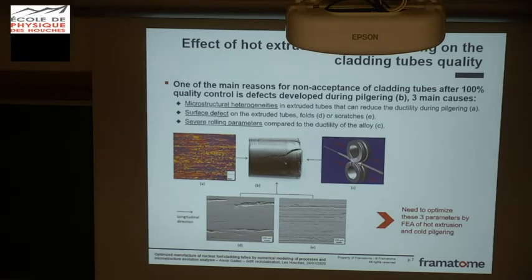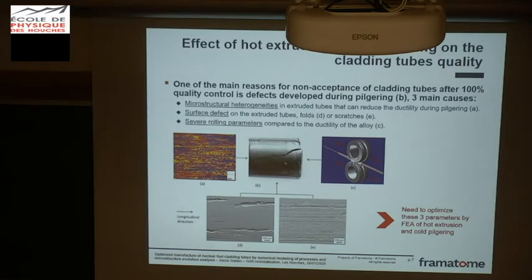So I come to the center of my presentation. I will give you an example of this kind of defect that we can sometimes have in manufacturing. This can happen during the cold rolling process, and we know by experience that three main parameters can affect this type of defect. First one is microstructural heterogeneities, so namely a bad recrystallization can be the cause of this.